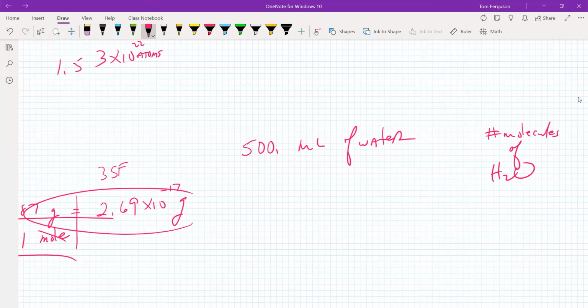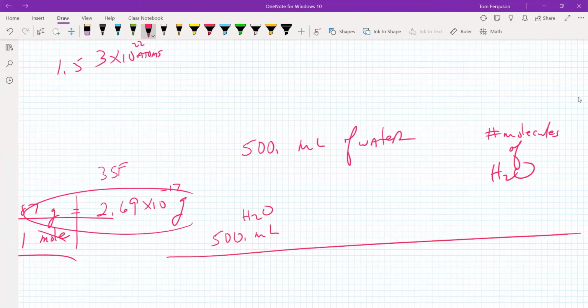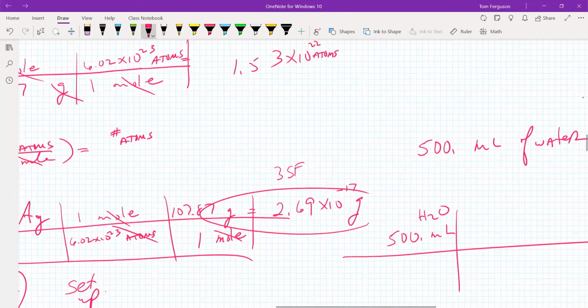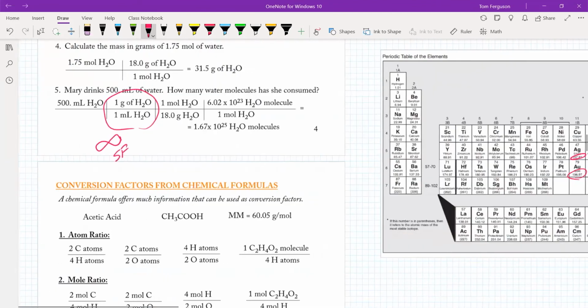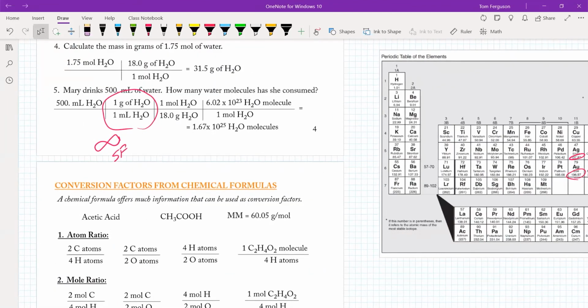Okay, so if I'm drinking half a liter of water, how many molecules of water am I consuming? Okay, so the given is milliliters of water. And our new conversion factor is 1:1 gram per milliliter of water.